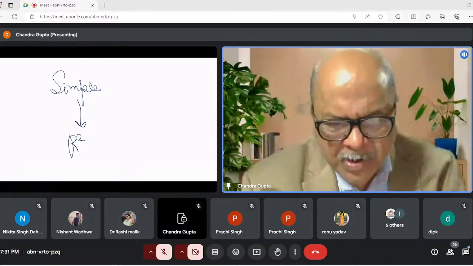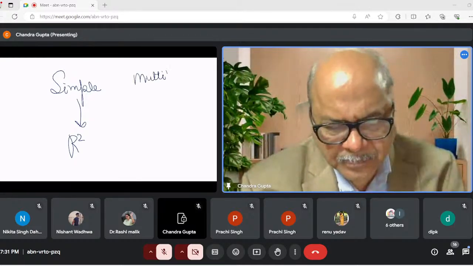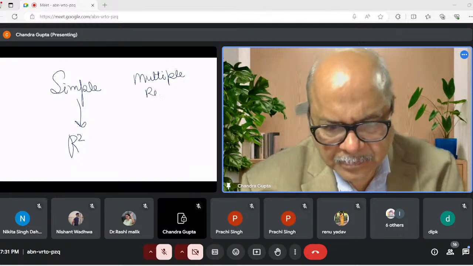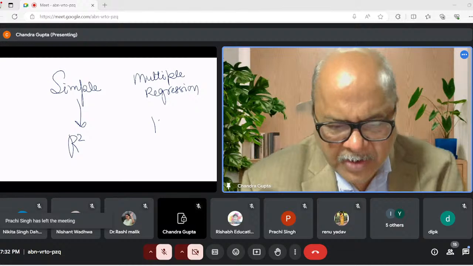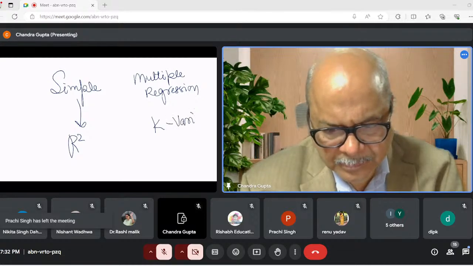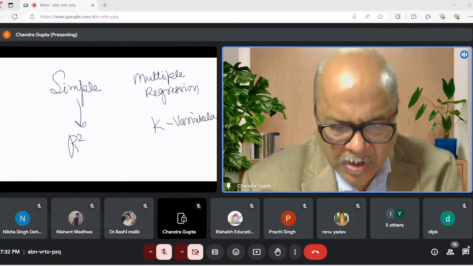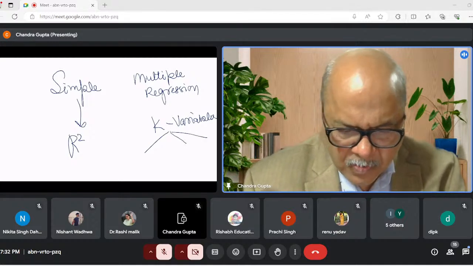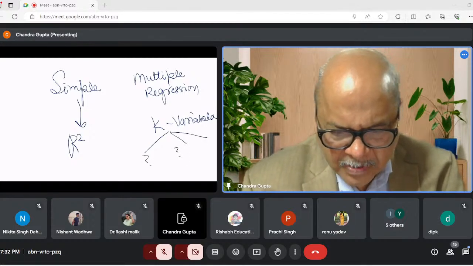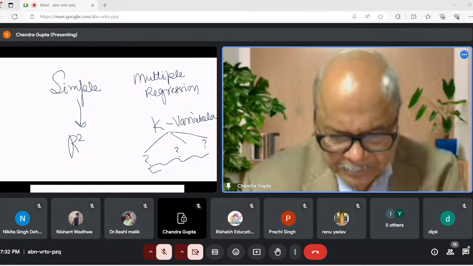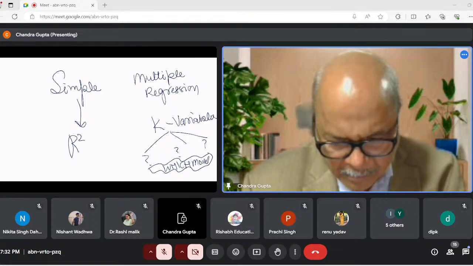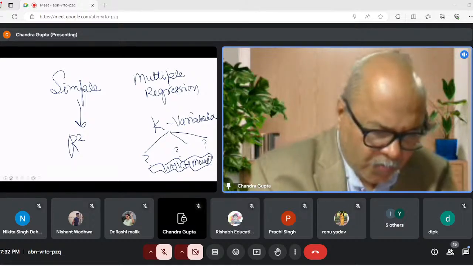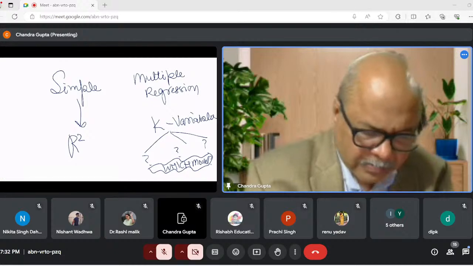When you have multiple regression, and we have k variables, and you have to decide which model should be selected, for that we use adjusted R square.